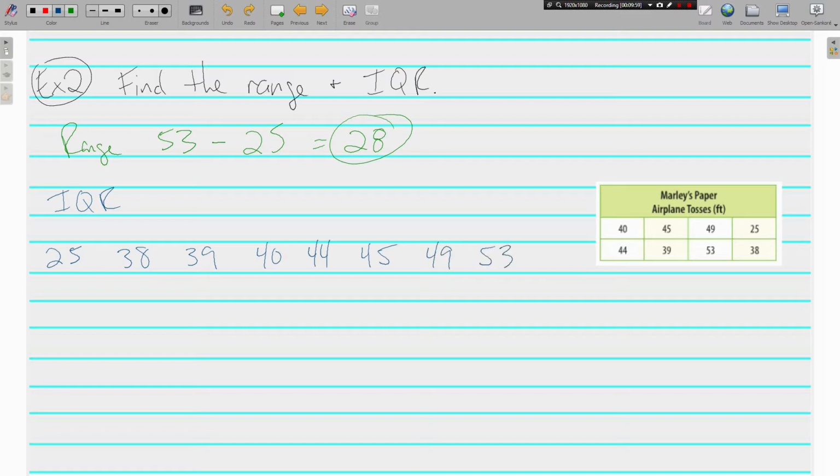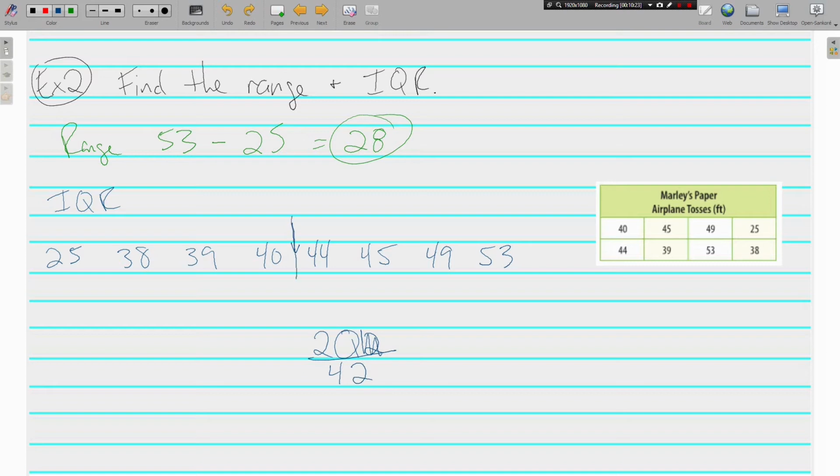Okay? So let's find our quartiles. There are 8 numbers, so our median, our second quartile, would go right in between 40 and 44. So our second quartile, Q2, is going to be 42.